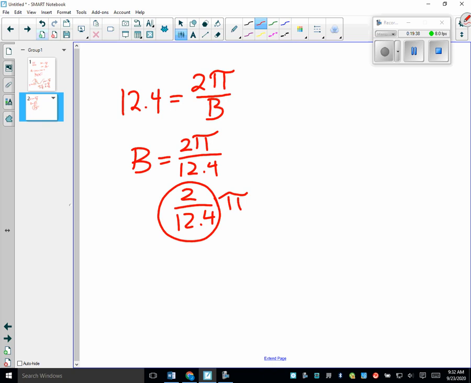Hit math frac and it goes through this. You can't have pi in it. You have to just do the fraction. Just put 2 divided by 12.4 and hit math frac and it just does that.